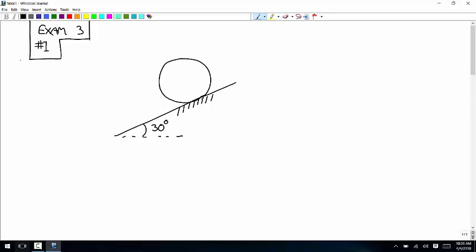And you have a disc rolling down the incline. It has a mass of 1 kilogram and a radius of 0.2 meters. What's the acceleration of the center of the disc? Hey, that's what I got.